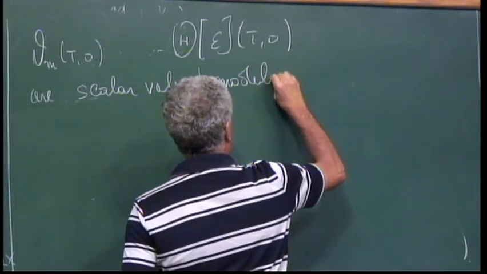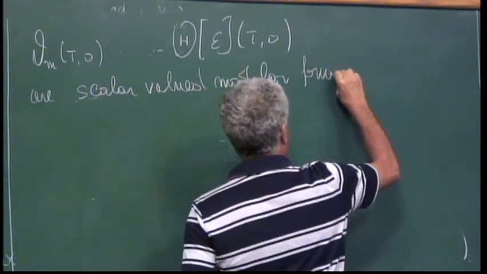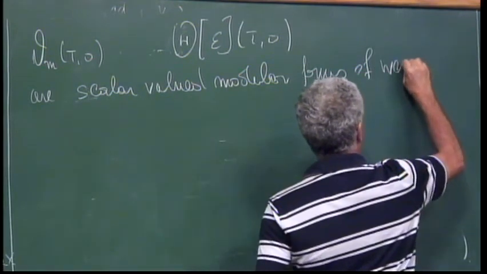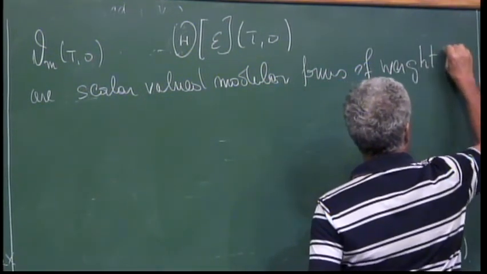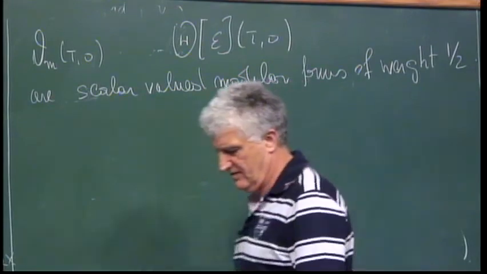Modular forms of weight 1/2. What does this mean, essentially?